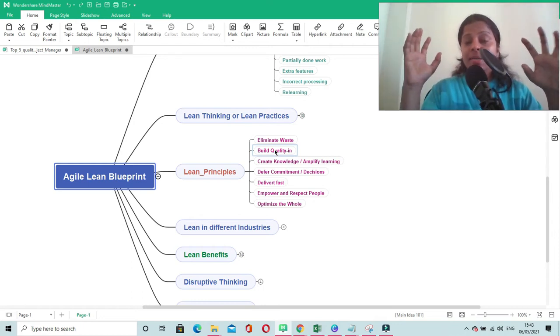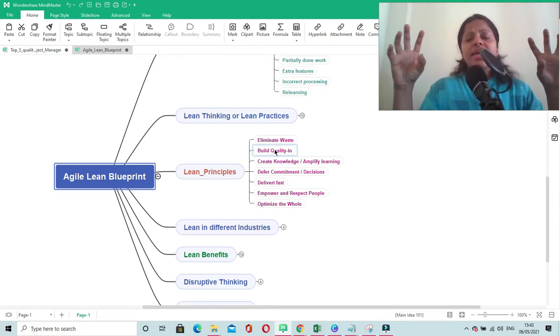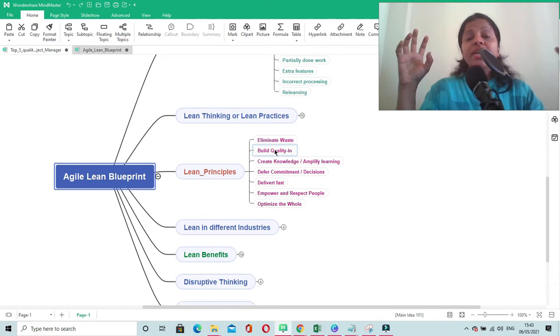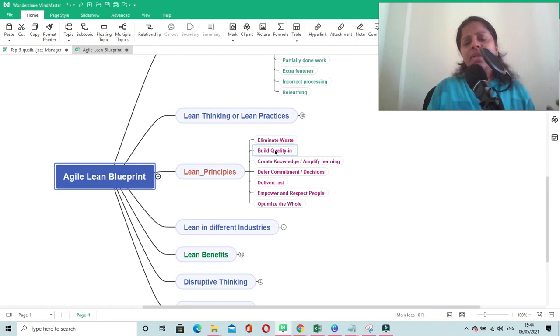teach your team members, or you have to really educate your team members on different coding standards. You have to educate them on different software practices, and you have to bring them all on the same page, and they have to understand what all the standards are that they need to follow, what all rules they need to follow as part of the project team, and what all naming conventions, for example, in coding.